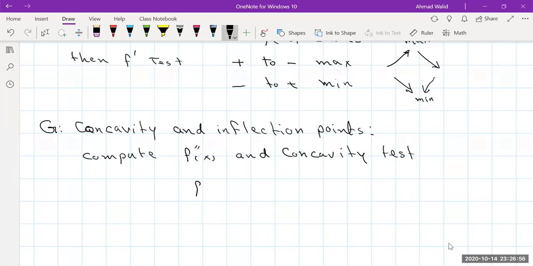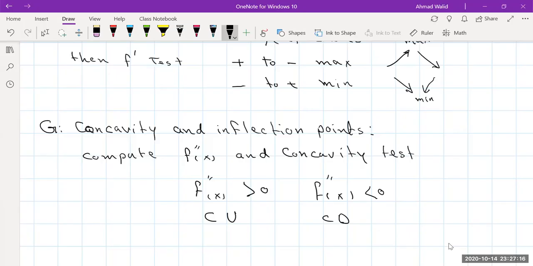Correct? If f double prime of x is greater than 0, you know you are concave up. And if f double prime of x is less than 0, you are concave down. Correct?